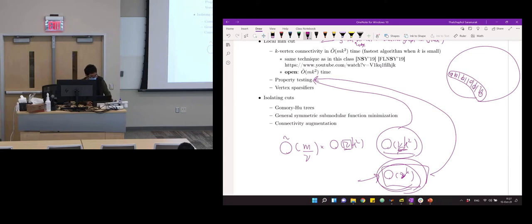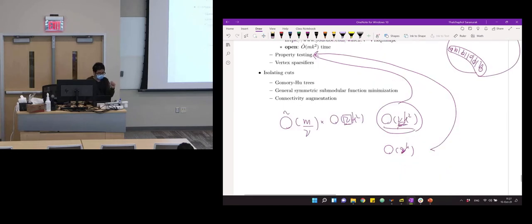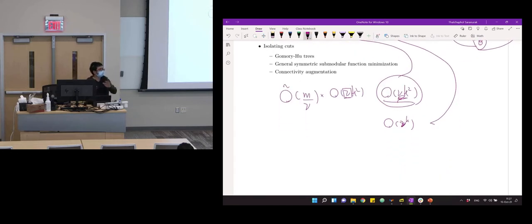Were you able to make it deterministic also? Oh yeah, actually let me tell you a bit more about what is known about this local thing. This is known from the 90s, and this is by I think Goldreich.